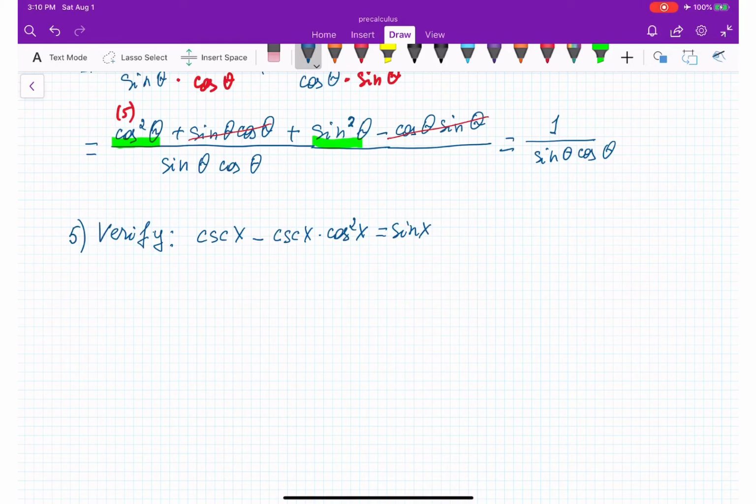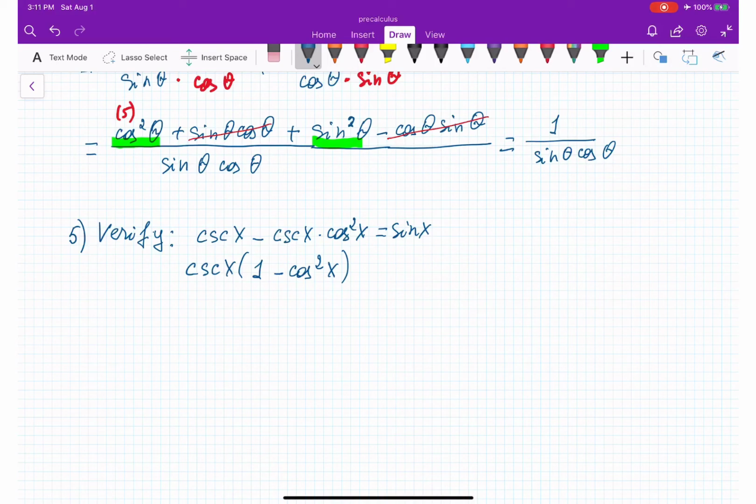Alright, so first thing I'm going to do, I have a common factor cosecant, right? Look here, cosecant, common factor. So I'm going to take this out. And I will have left here 1 minus cosine squared x.